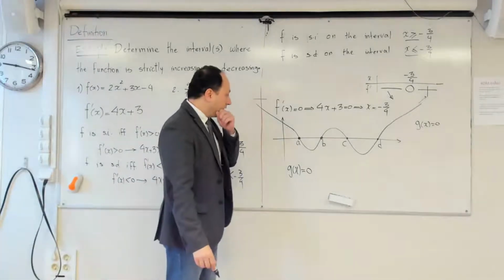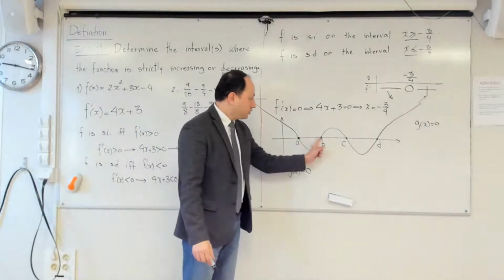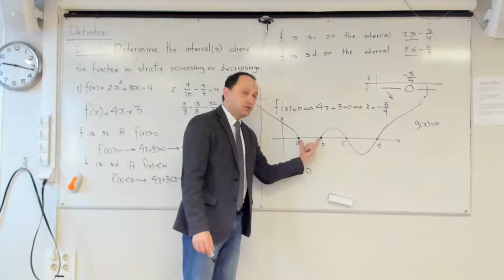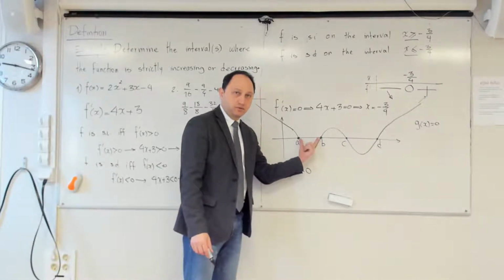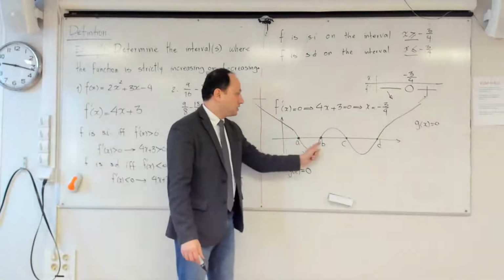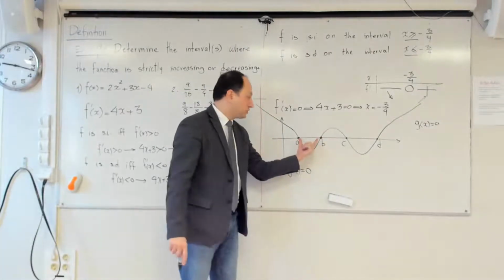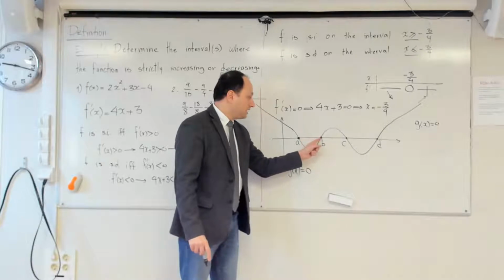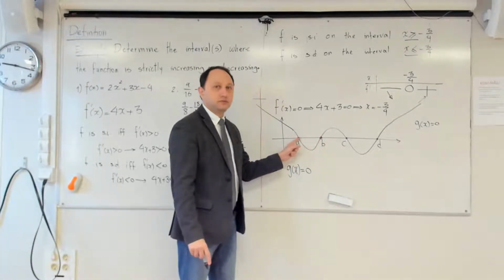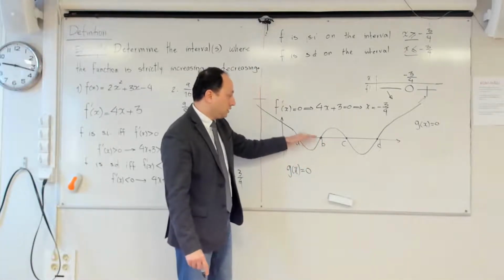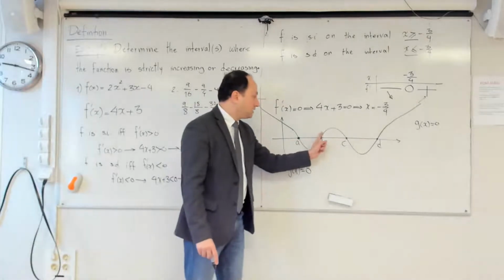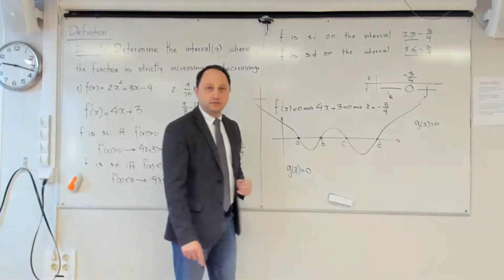And now I am telling you something. If you have two consecutive roots, and the function is continuous, then between two consecutive roots the function is entirely negative, below the x-axis, or it is entirely positive.